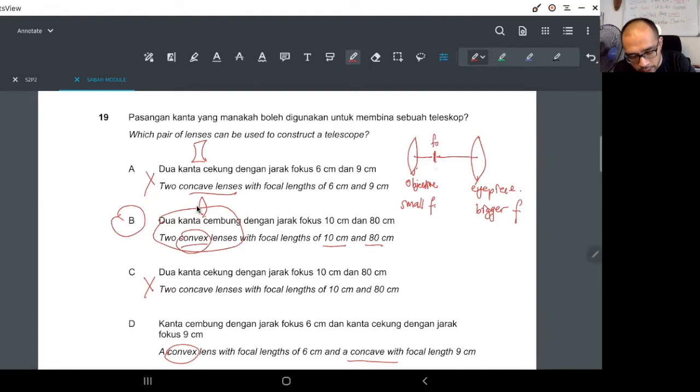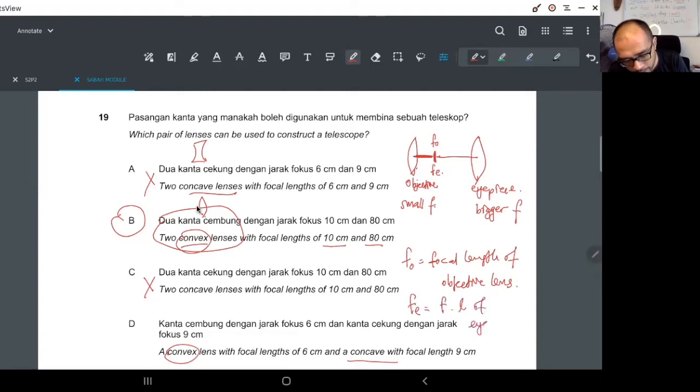Here is the FO, here also is the FE. FO is the focal length of the objective lens, which is very small, and FE is the focal length of the eyepiece lens.